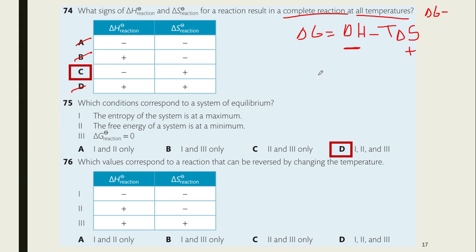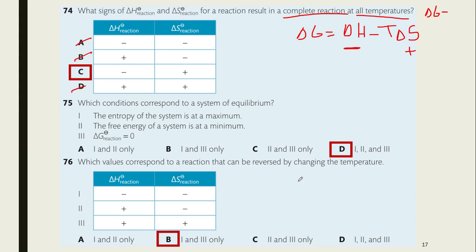Going back to that delta G equals delta H minus T delta S, if we change the temperature, that is going to affect the second part of the equation, where the T delta S is going to be more significant or less significant based on what the temperature is.